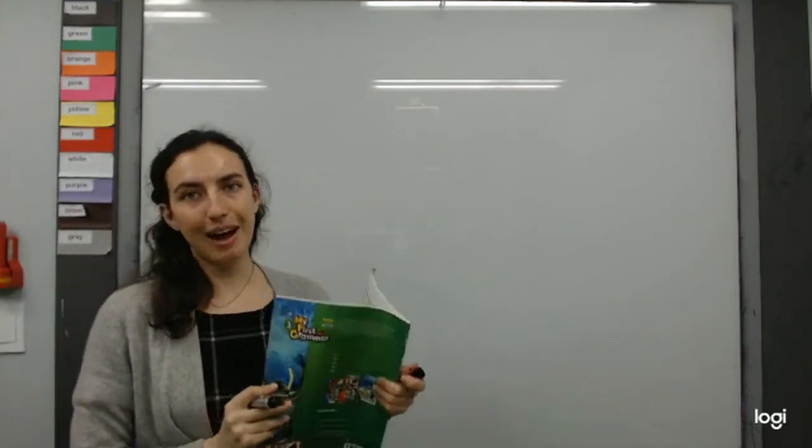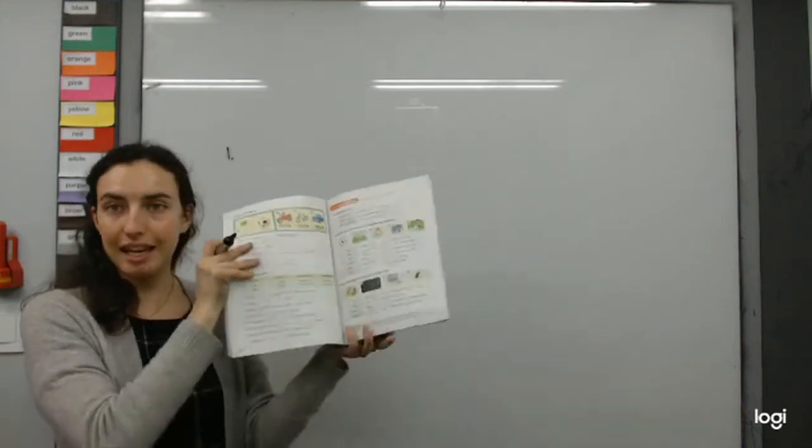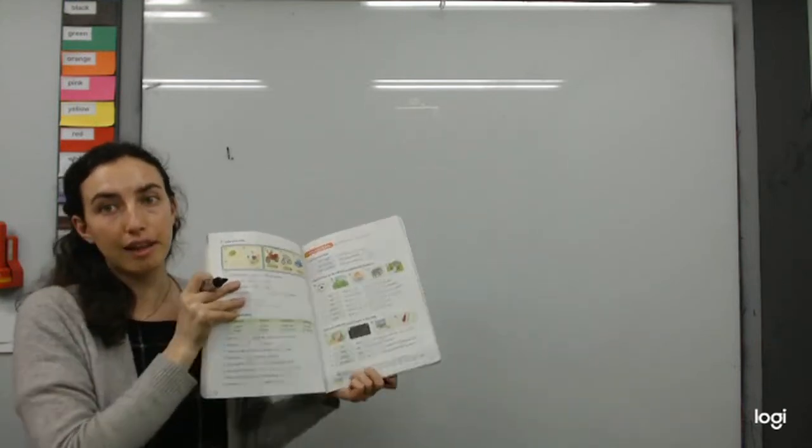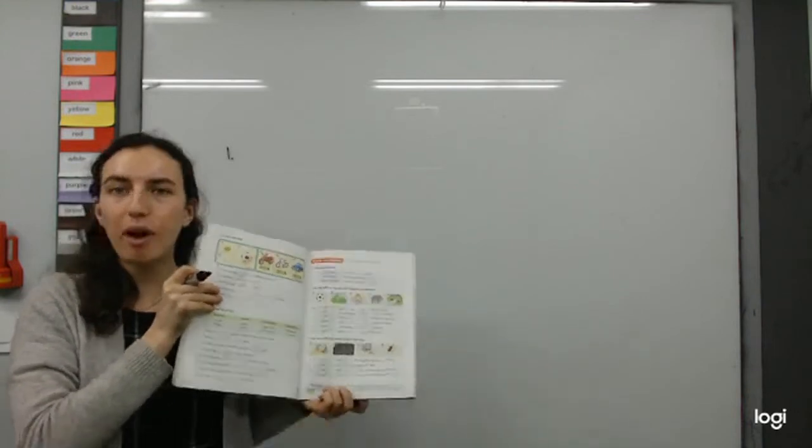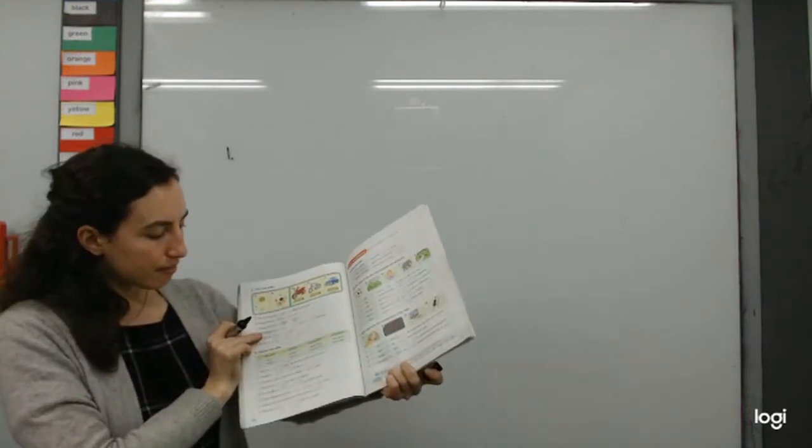Okay, so now that you've finished pages 60 and 61, I will write the correct answers and you can check your answers to see if they are correct or incorrect. Okay?